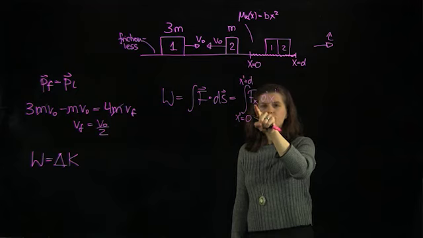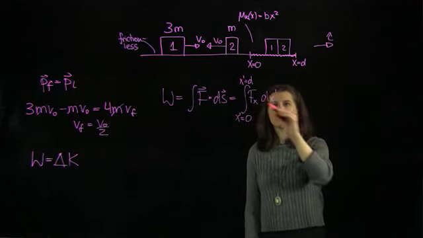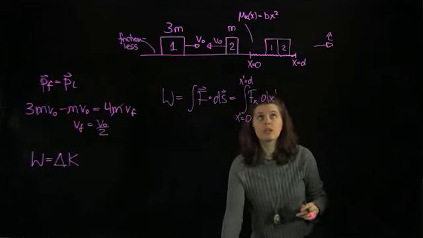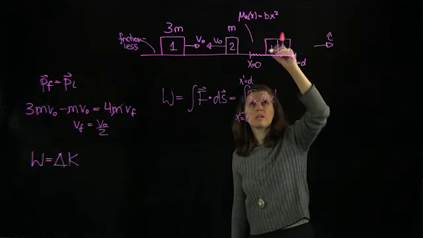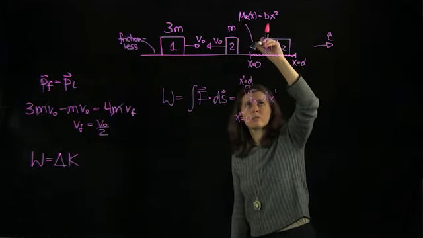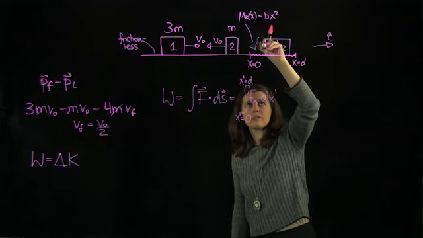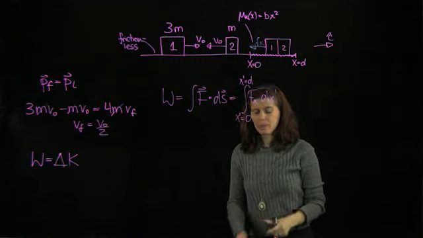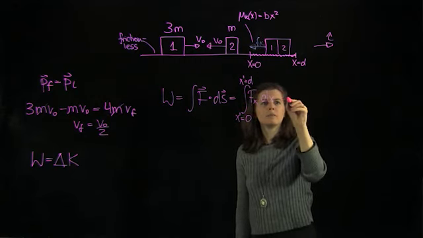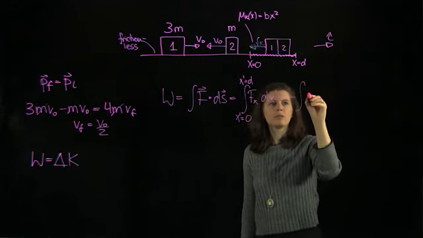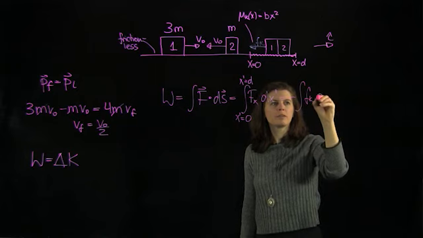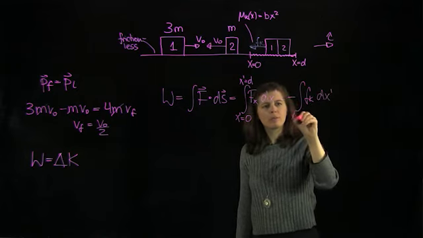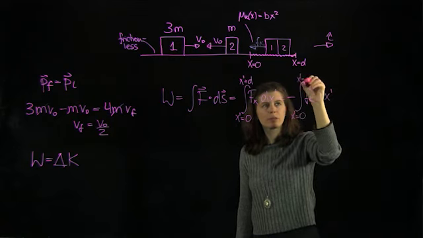So let's look at what this F is. That's the frictional force here at work. And actually, which direction does it go? It opposes the motion, Fk. So we're going to get a minus sign here, integral Fk dx, again going from x prime equals 0 to x prime equals d.